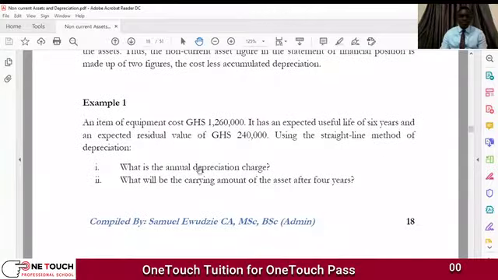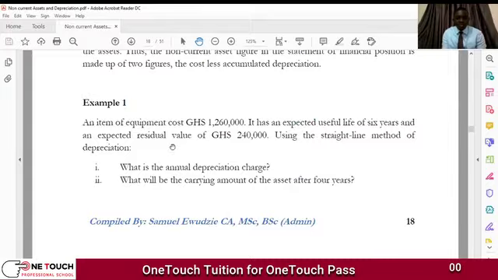Good. So let's look at this example. An item of equipment costs 1,260,000. It has an expected useful life of 6 years and an expected residual value of 240,000. Using the straight line method of depreciation, what is the annual depreciation charge, and what will be the carrying amount of the asset after 4 years?